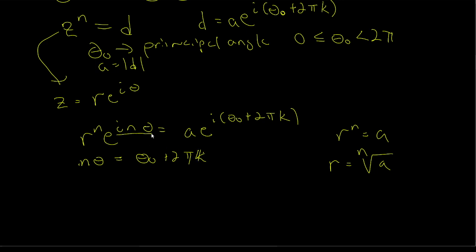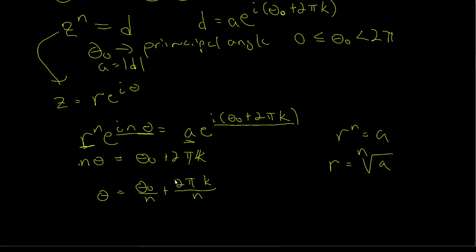Right? Because we know this is equivalent to this, and this is equivalent to this. We can do these piece by piece in this format. And so we can say that theta is the principal angle divided by n, and then 2 pi k over n.